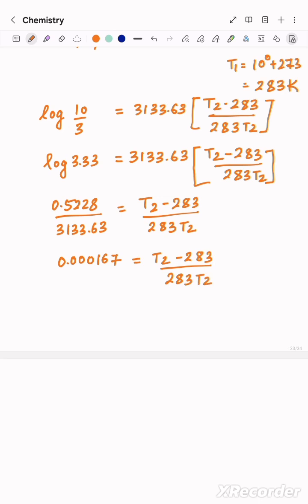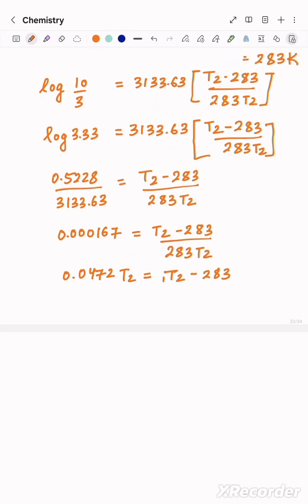That comes to the left side, that will become 0.0472 T2 is equal to T2 minus 283. Now here we forgot to write this T2: T2 minus 0.0472 T2.